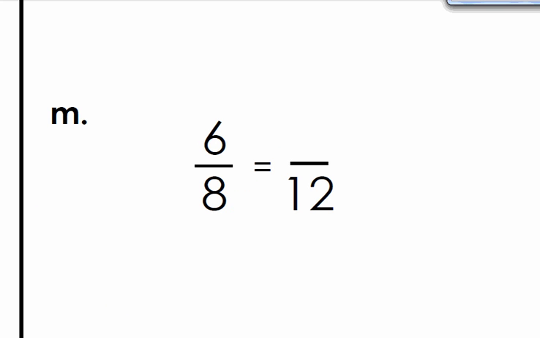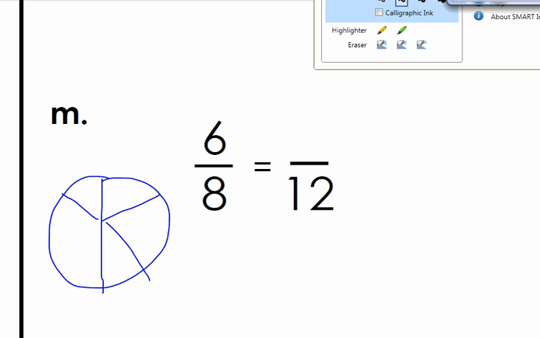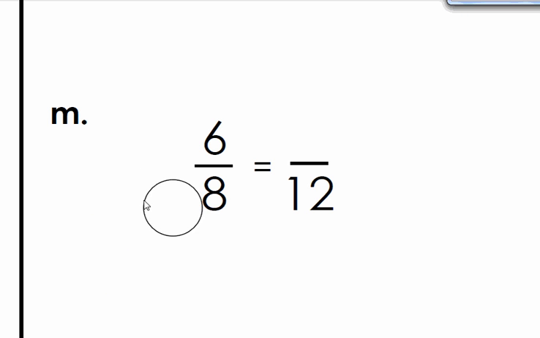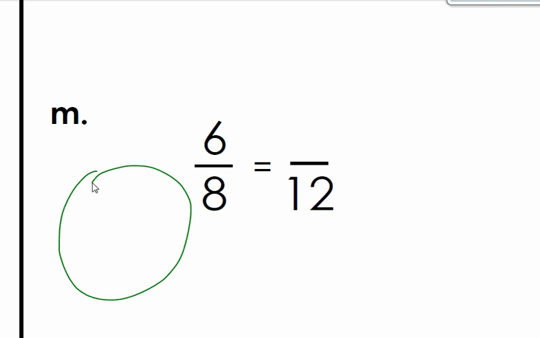On this one, I'm actually going to do an apply. Six eighths, right?